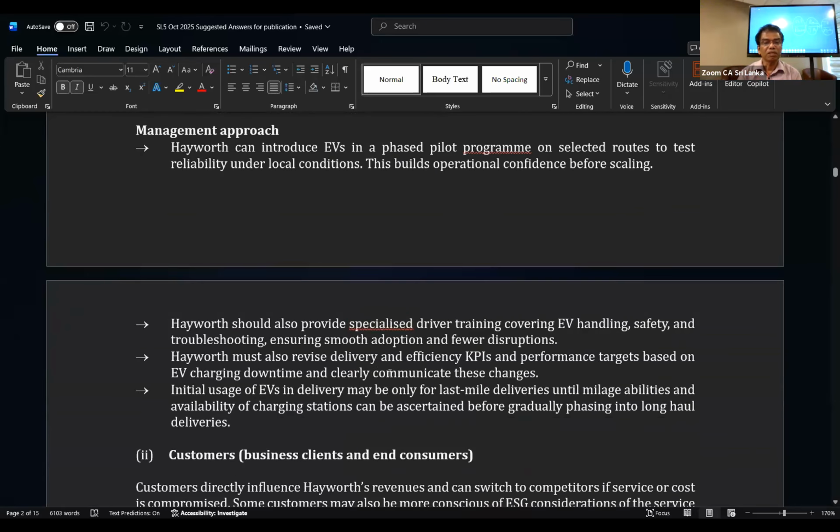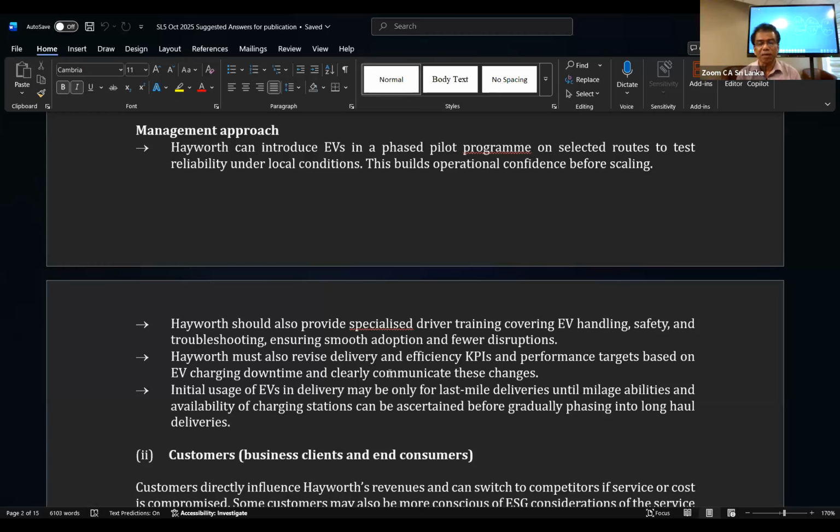Management approach: the previous approach is different now. So Haworth should provide specialized driver training covering EV handling, so that whatever problems come, they know how to tackle them and link the expertise to sort them out. Otherwise, what will happen? Your shipment is moving by electric vehicle.